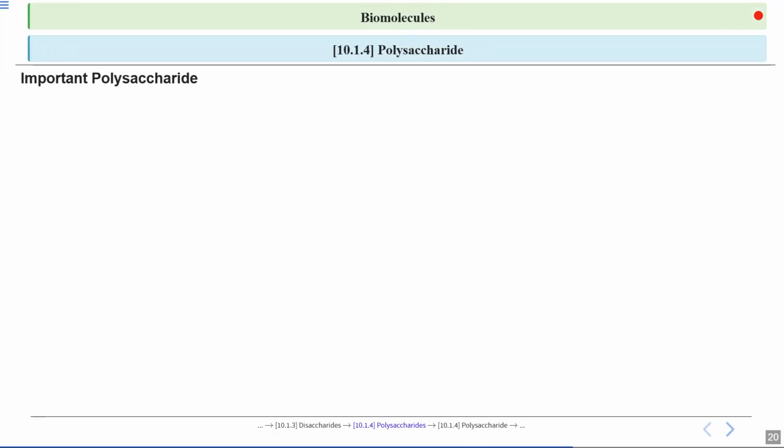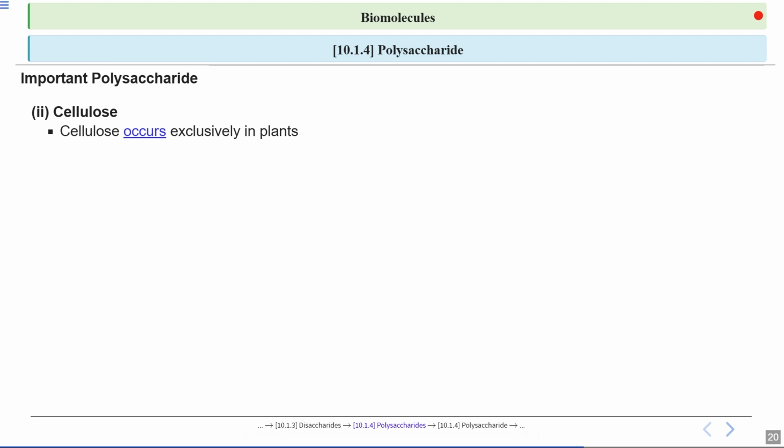Now moving on forward, we will talk about cellulose. Cellulose is a complex carbohydrate or polysaccharide that is the most abundant organic polymer on earth. It is an important structural component of the cell wall of plants and of some algae, bacteria and other organisms.